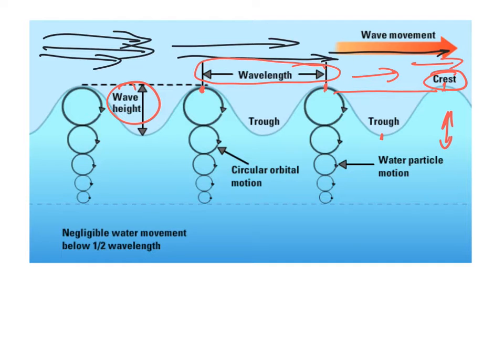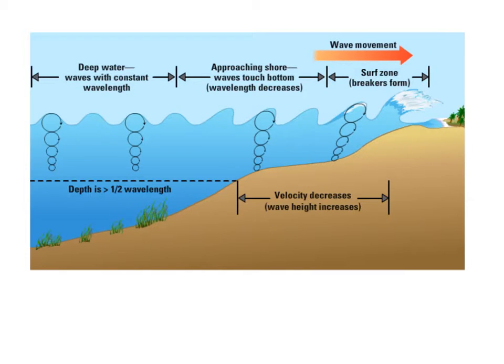Okay, so let's see what happens with a wave when it transfers from deep water to the shore. In deep water, notice that the range of depth that the wave can actually impact the particles is constant. It's not hitting anything, it's out in the ocean. Notice all the waves are kind of uniform in wavelength and wave height.